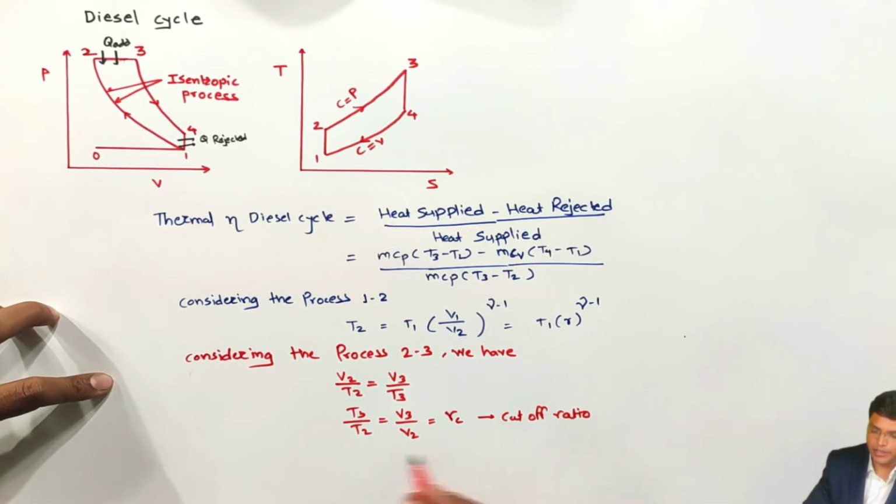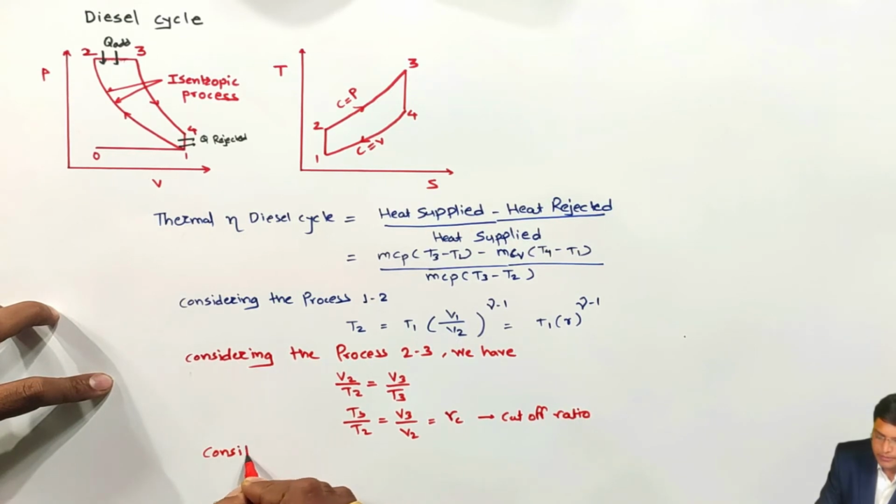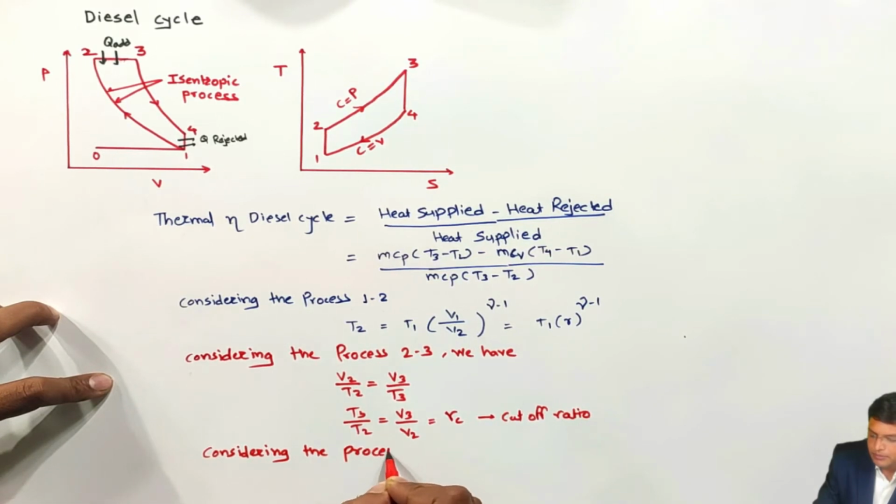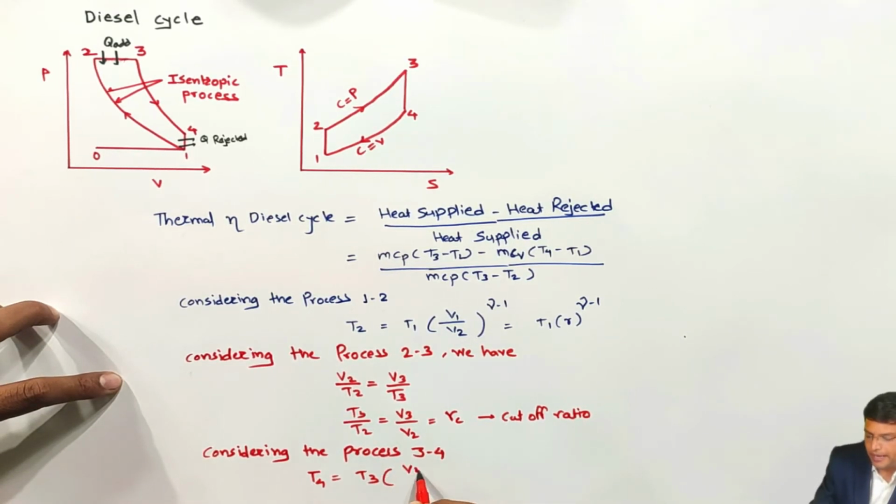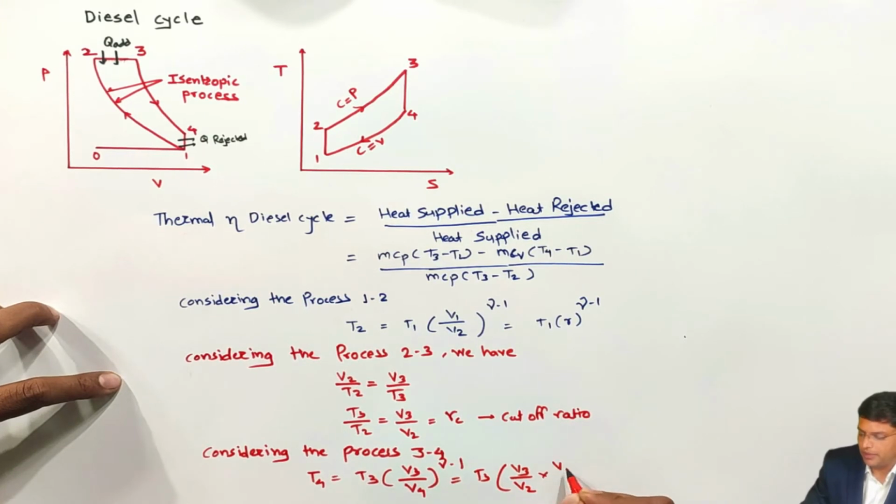Now for the process 3 to 4, we have T4 equal to T3 in bracket V3 upon V4 raised to gamma minus 1. Now we will simplify it: T3 in bracket V3 upon V2 multiplied by V2 divided by V4, raised to gamma minus 1.